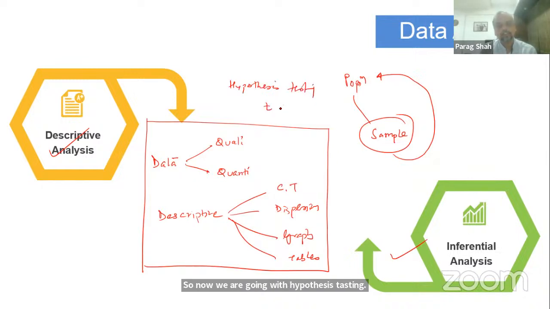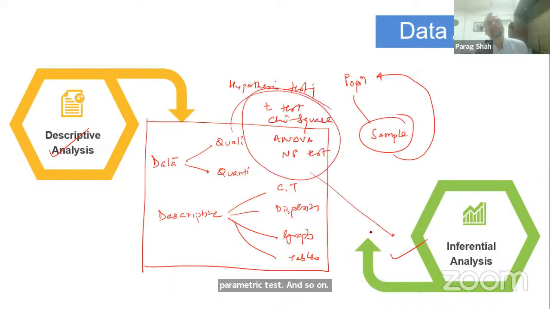In that there will be the t-test, the chi-square test, ANOVA, non-parametric tests and so on. All hypothesis testing comes under inferential statistics.